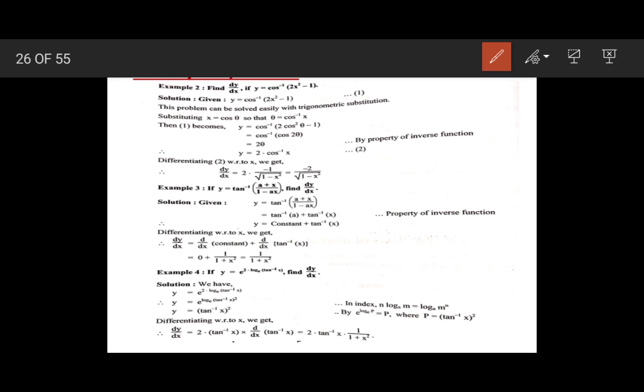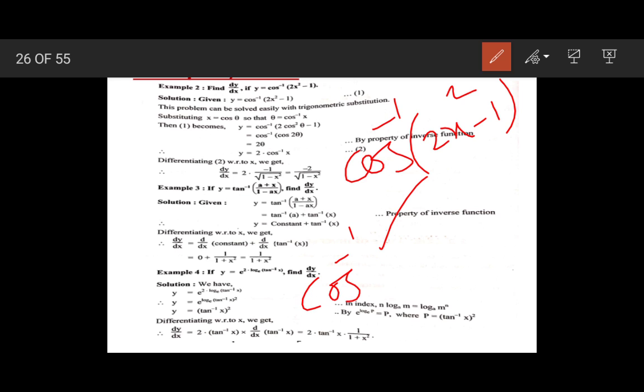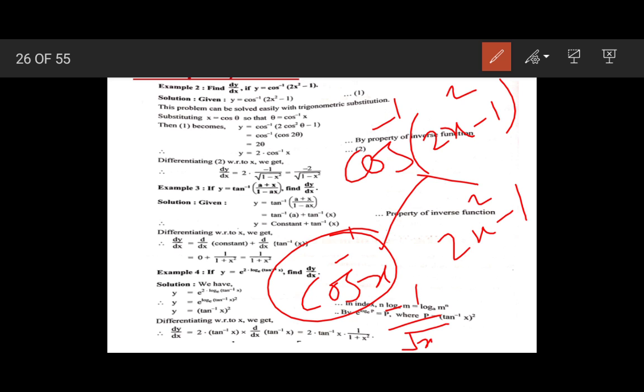Yes, in this particular sum we can apply the composite rule. Here the functions are cos inverse x and 2x square minus 1. First we have to find the derivative of cos inverse x, which will be minus 1 upon root of (1 minus x square).